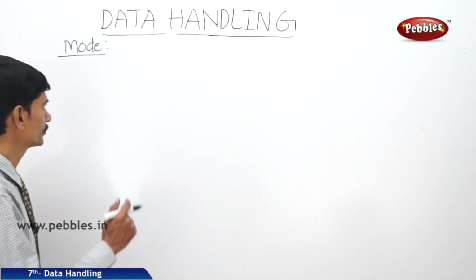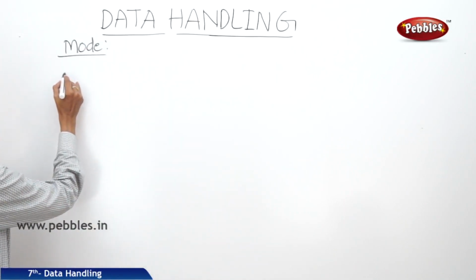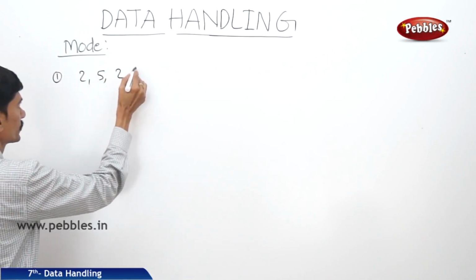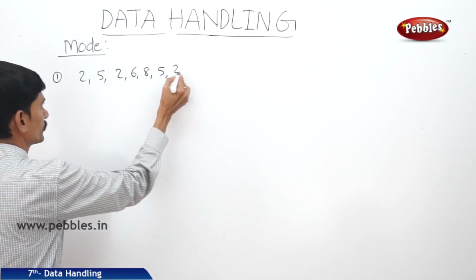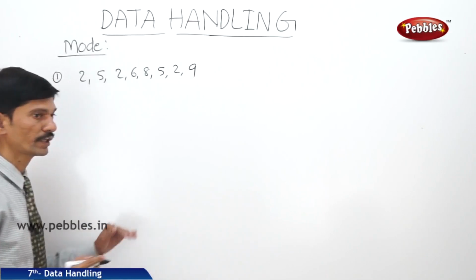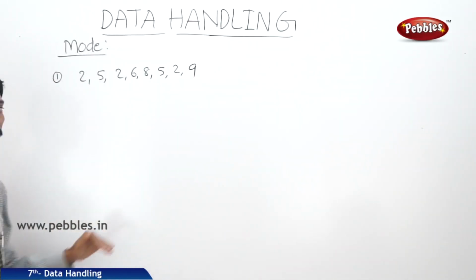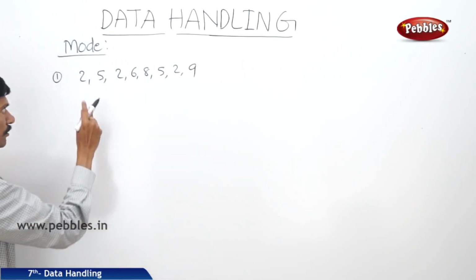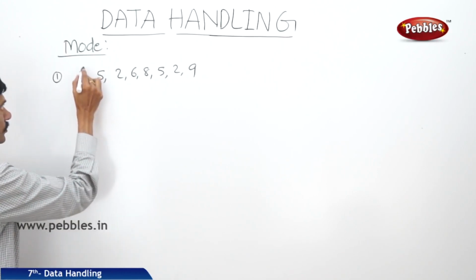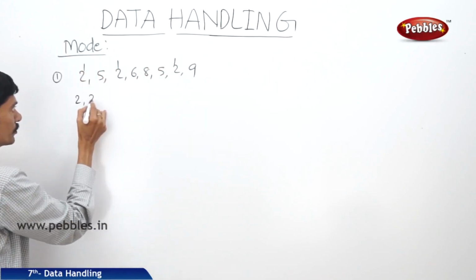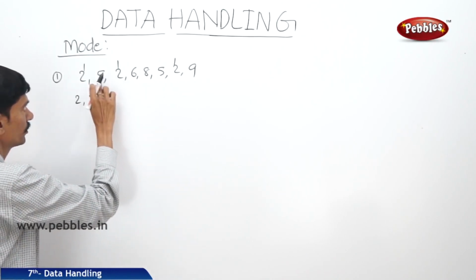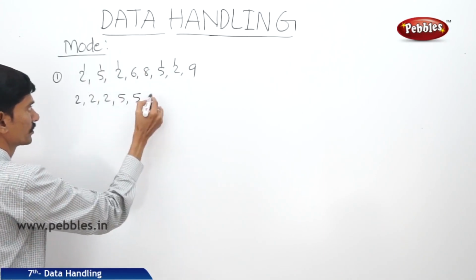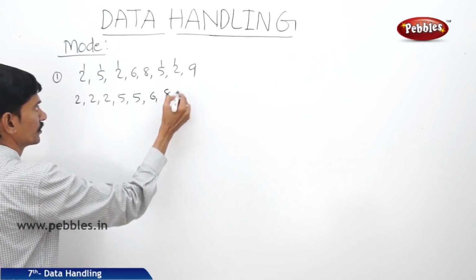Now for example, if you want to find the mode of the given observations, the first question: 2, 5, 2, 6, 8, 5, 2, 9. First let us arrange all the given observations either in ascending or descending order. In ascending order: 2, 2, 2, then 5, 5, then 6, 8, then 9.